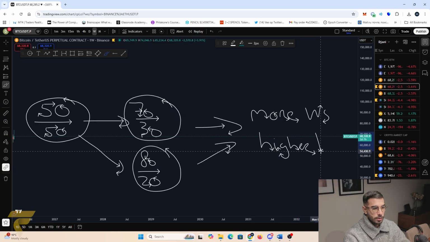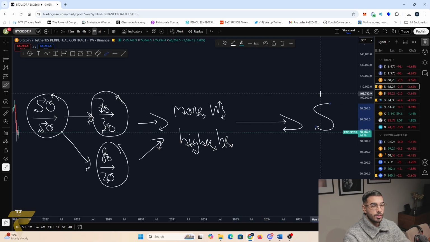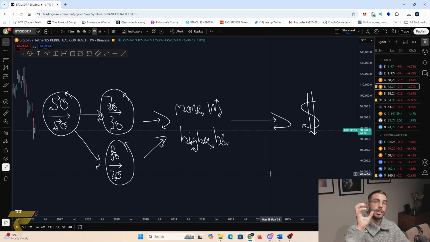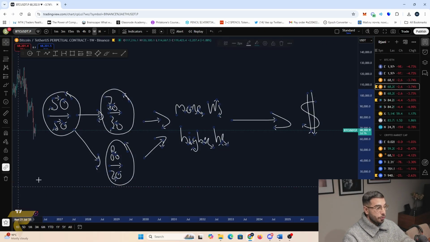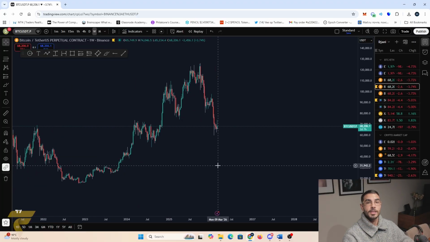I would just call it HR for a quick second. And this eventually will cause you to be consistently profitable. The money itself will always be the byproduct of whatever you do in the trading game. So that's the first part of price action. Let's go with the next one.